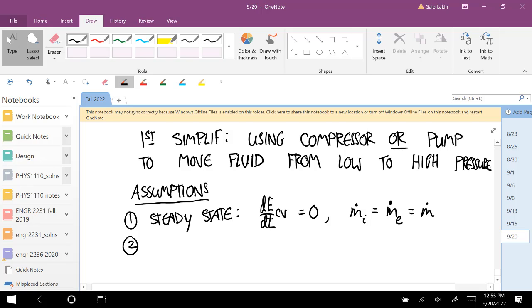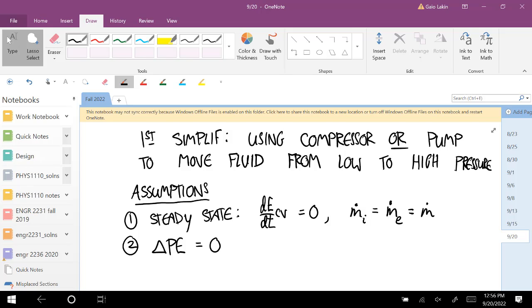Second, we're going to assume that there's no change in potential energy. Notice that one's going to be different when we talk about pumps getting fluid up to a greater height.